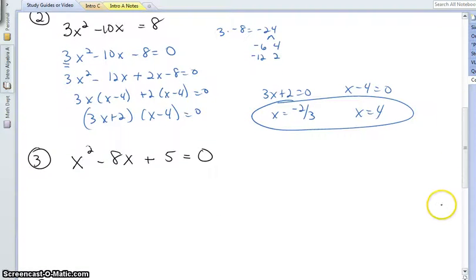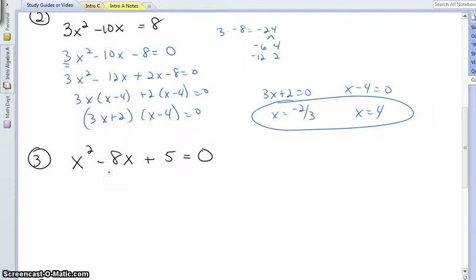Number 3, x squared minus 8x plus 5 equals 0. There's nothing that multiplies to positive 5 and adds up to negative 8. Because the b, the middle term, negative 8, is an even number, this lends itself easily to completing the square.